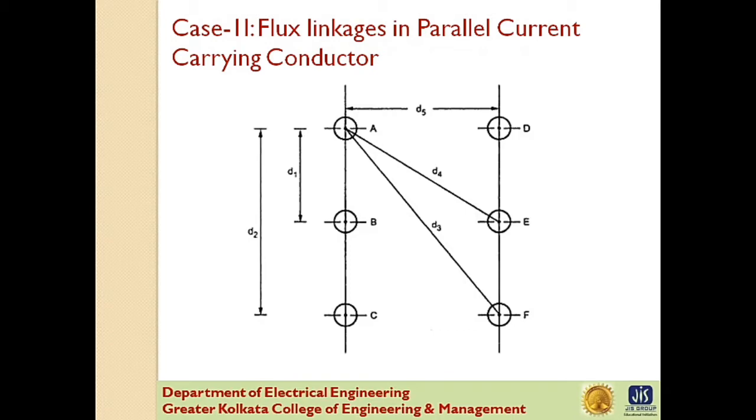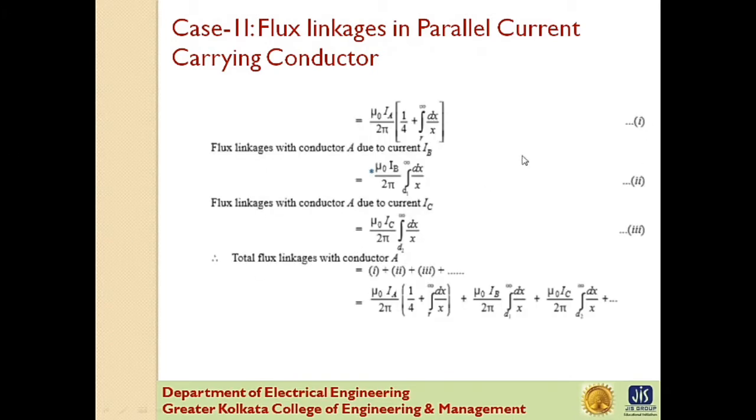Also there will be flux linkage with this conductor due to the mutual inductance effect of IB, IC, ID, and IE. The flux linkage with conductor A due to its own current is mu 0 IA by 2 pi times 1 by 4 plus integration R to infinity dx by x.